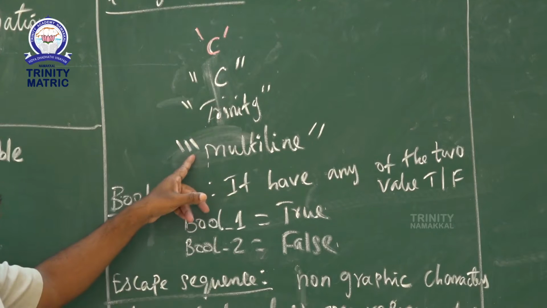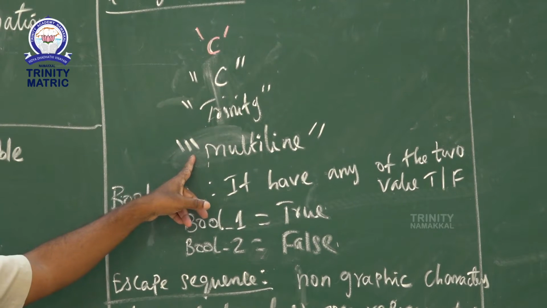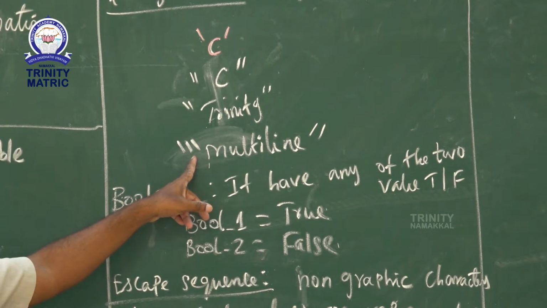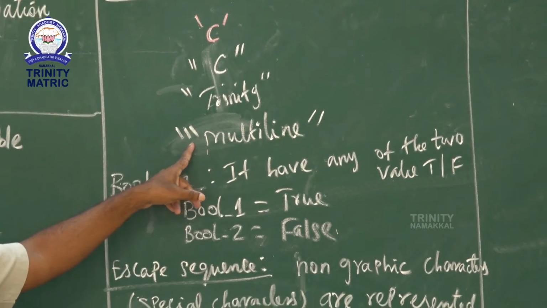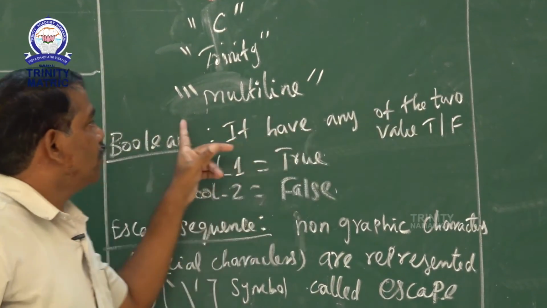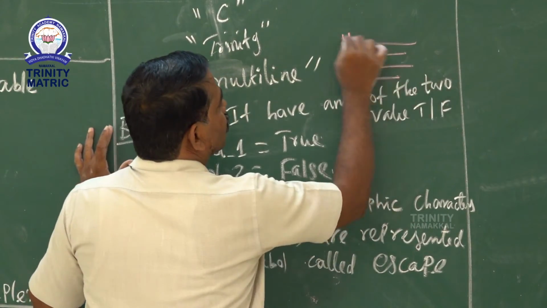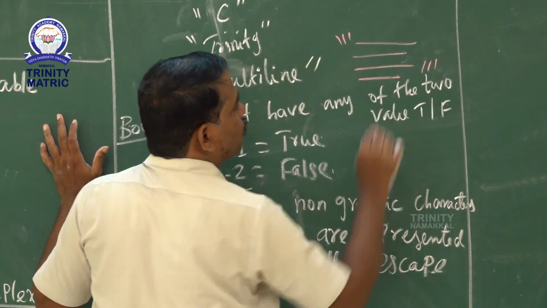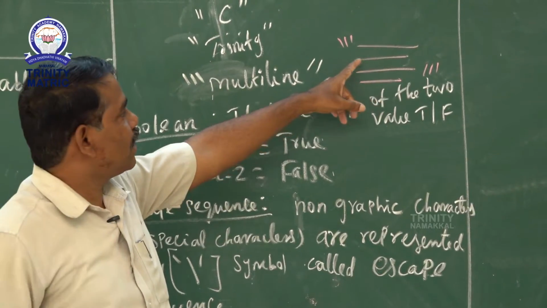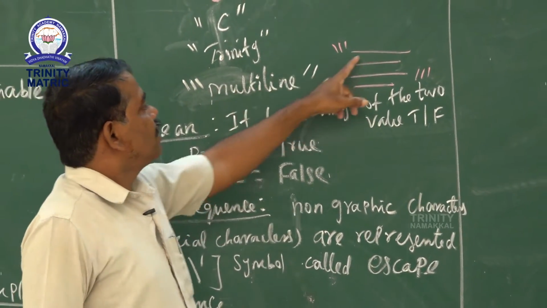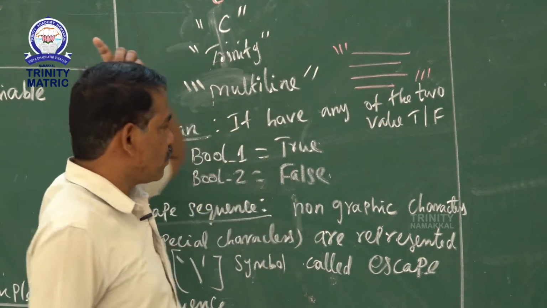What is the purpose of triple quotes? Triple quotes are only used for multi-line strings, more than one line. Consider these as multi-line statements.